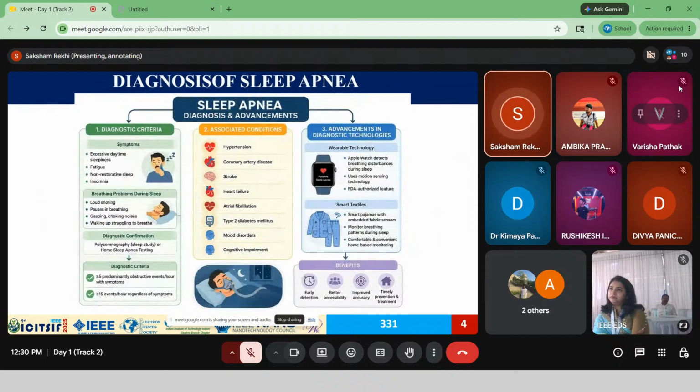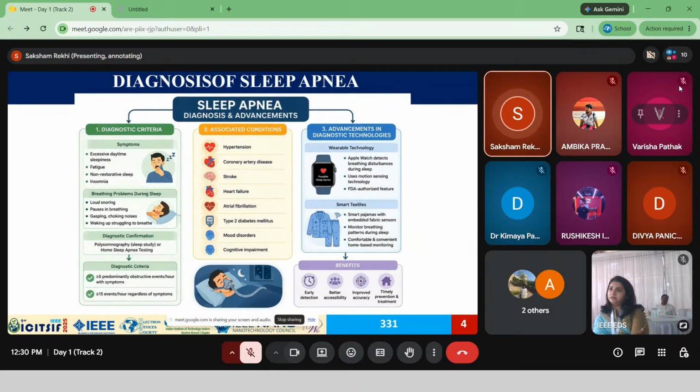Diagnosis of sleep apnea. There are three diagnostic criteria. First, symptoms, which include excessive daytime sleepiness, fatigue, non-restorative sleep, insomnia, breathing problems during sleep, loud snoring, pauses in breathing, gasping, choking noises, waking up struggling to breathe.